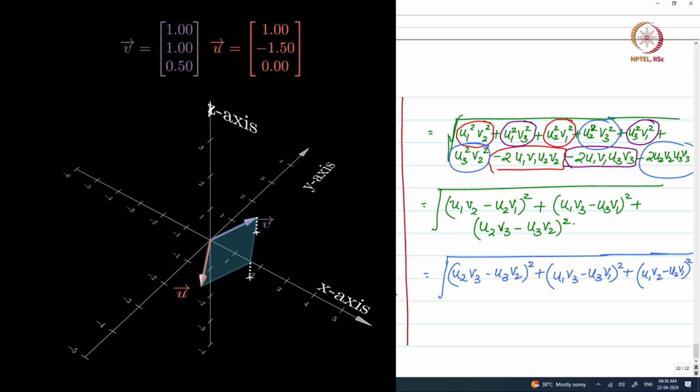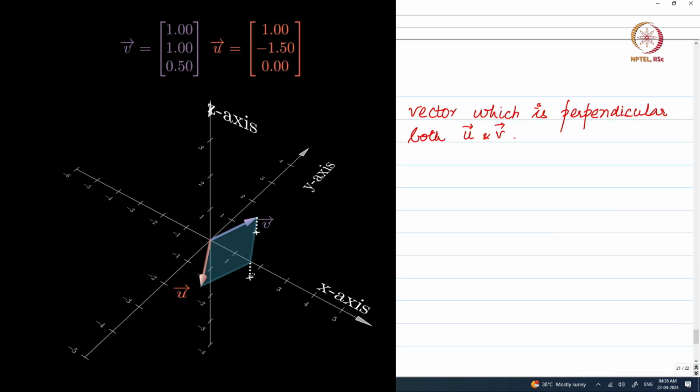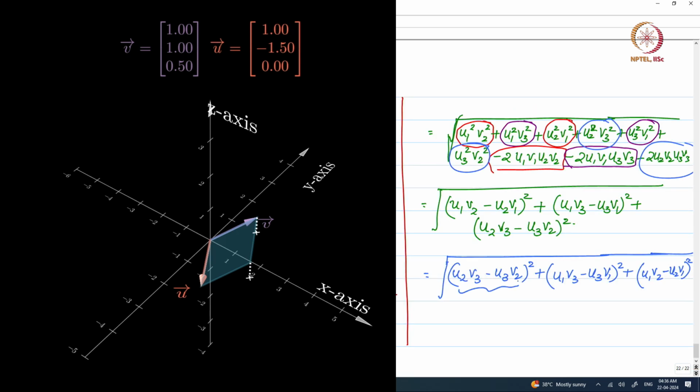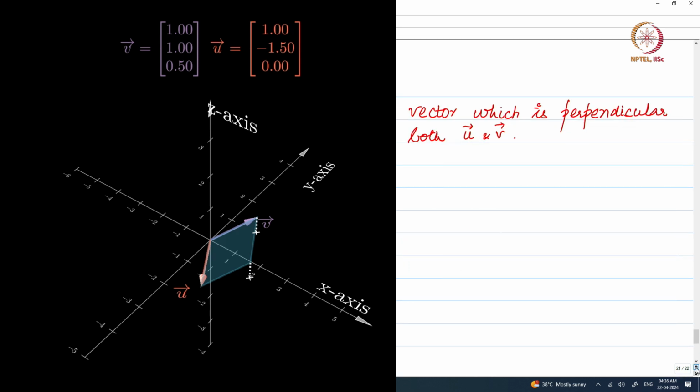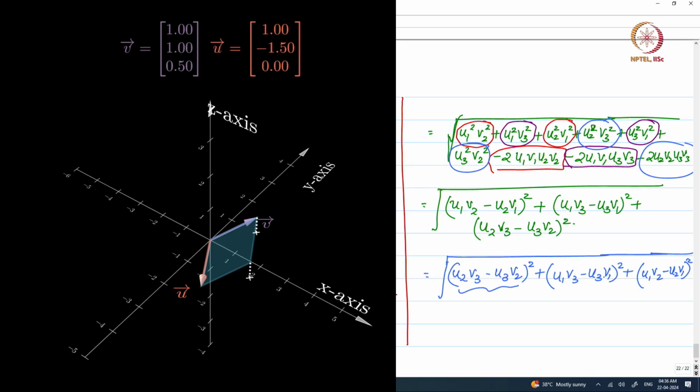What is this? This is exactly the length of the vector u cross v: u2 v3 minus u3 v2, then u3 v1 minus u1 v3, that is exactly what you have here. Since it is in square, we can rewrite it as u3 v1 minus u1 v3 the whole square, plus that.